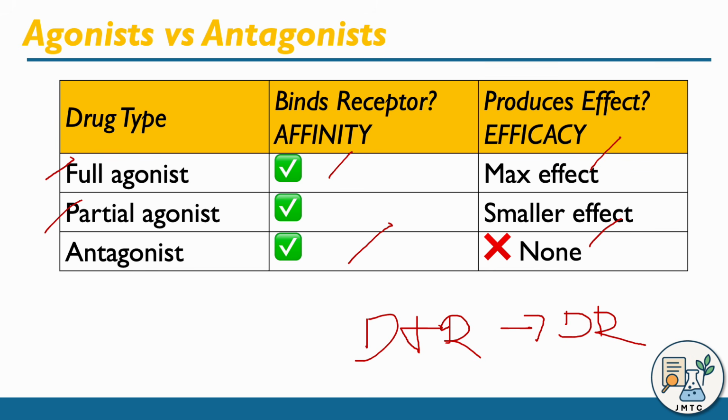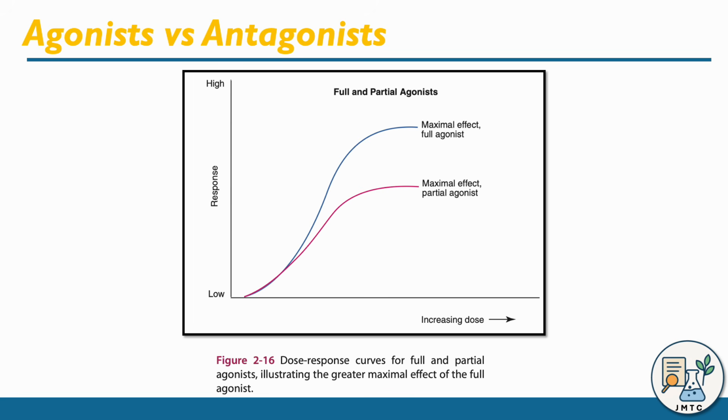So, your partial agonist can also compete with full agonists, and they can reduce the effect of a full agonist. So in this figure, it shows us the difference between the partial agonist and the full agonist. So, full agonist, mataas yung maximal effect niya. Partial, bababa yung maximal effect niya.